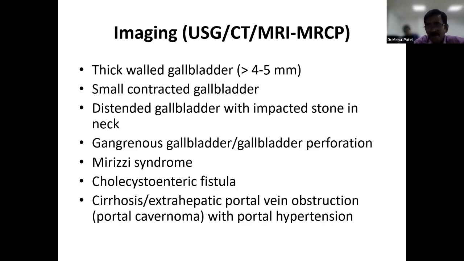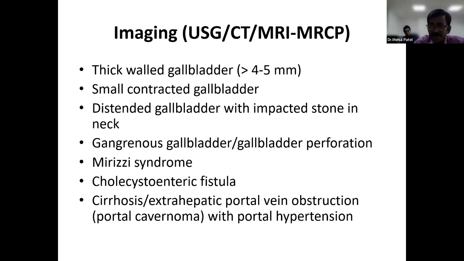And if you go investigation-wise, a normal gallbladder wall thickness is less than 3 millimeter. Any gallbladder having a thickness of 4 or 5 millimeter is a thick-wall gallbladder, might be an inflammatory lesion, and is a predictor of difficult cholecystectomy.